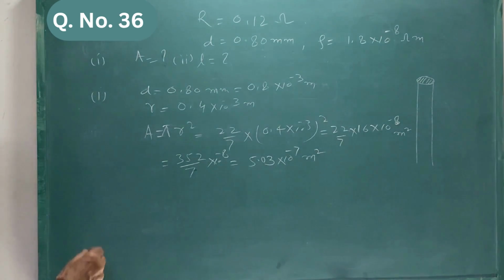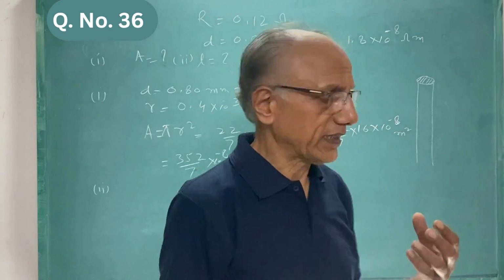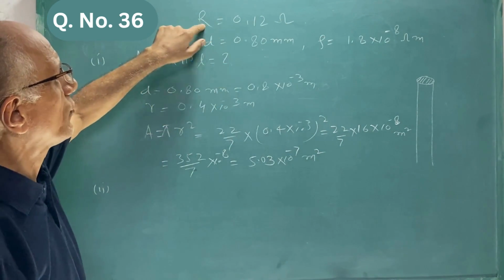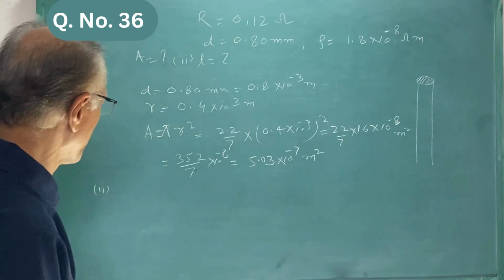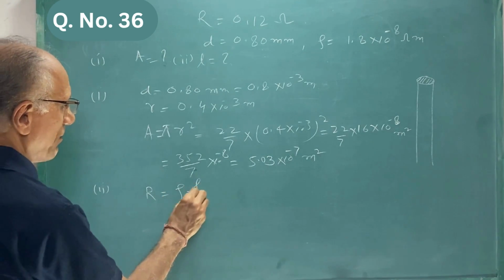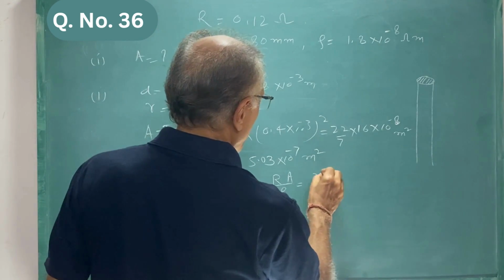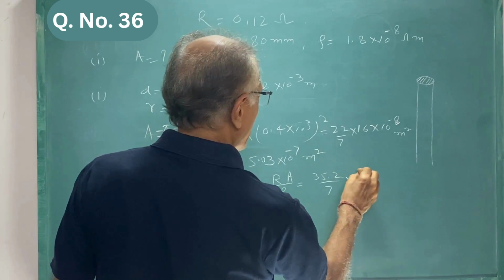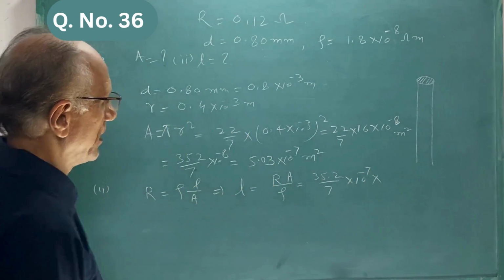Now the second part is the length. Calculate the length which is required to make the resistance equal to 0.12 ohm. We know the resistance is equal to rho L by A. So L is 35.2 by 7 into 10 to the power minus 7, into area.